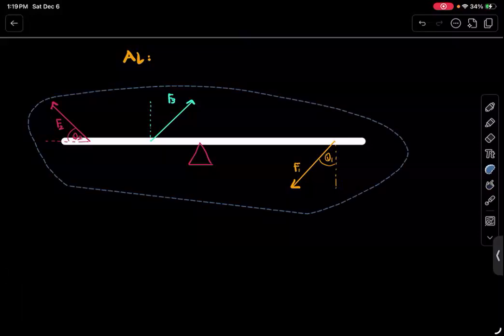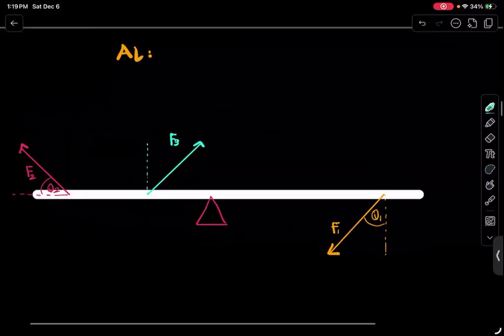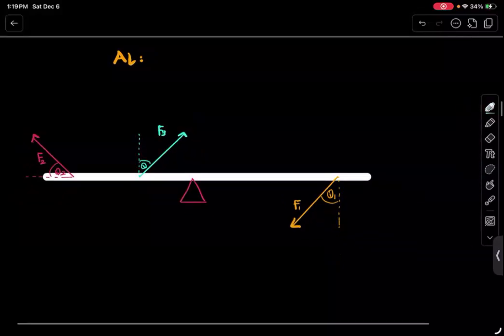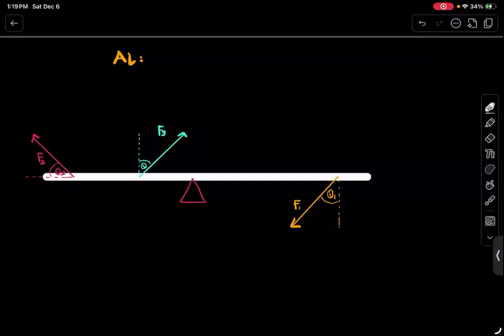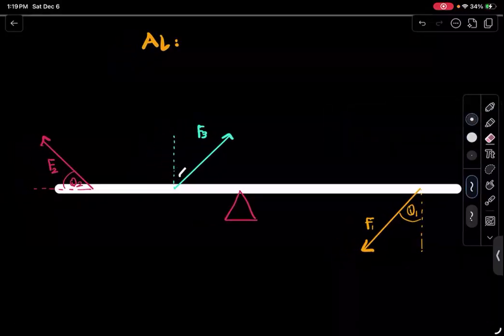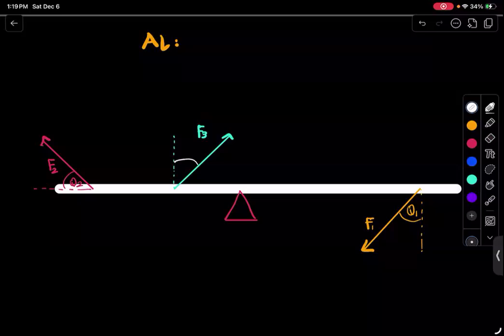Now, for example, again, this is theta. Now think about it. In this case, we have three forces. But all of these forces are at an angle. That means you will probably have to resolve them into their components to get the perpendicular component of the force that's acting perpendicular to the pivot.